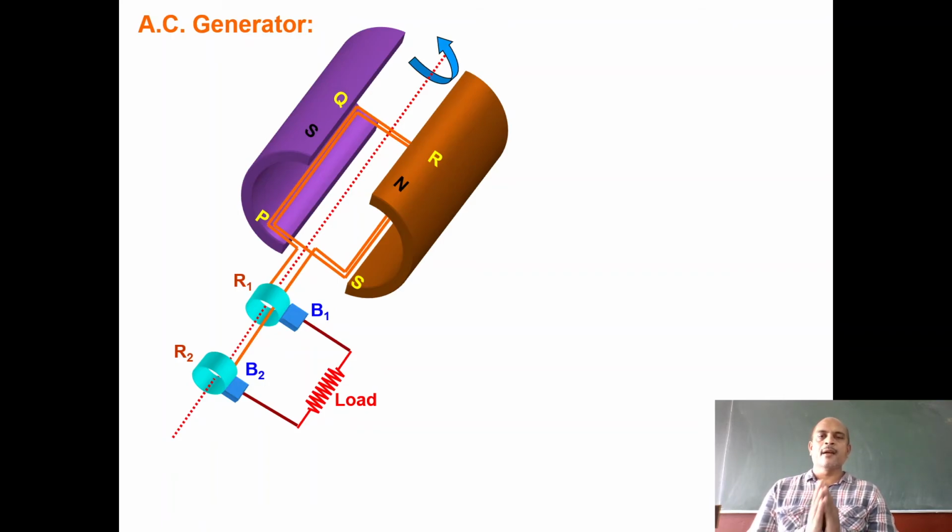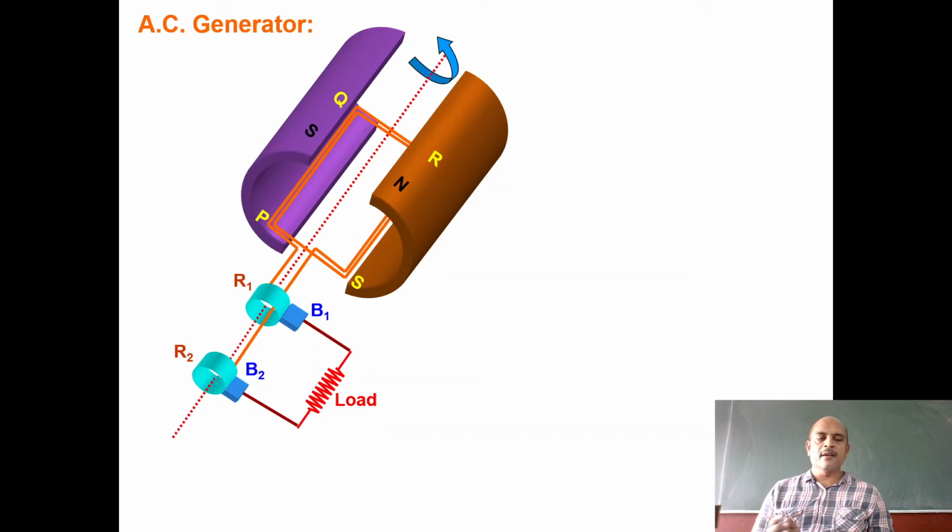What is going on here? The axis of the coil gets turned. We have a certain source of energy which will rotate this coil, and as the coil rotates, we use the phenomenon of EMI, electromagnetic induction: flux changes, current is induced.